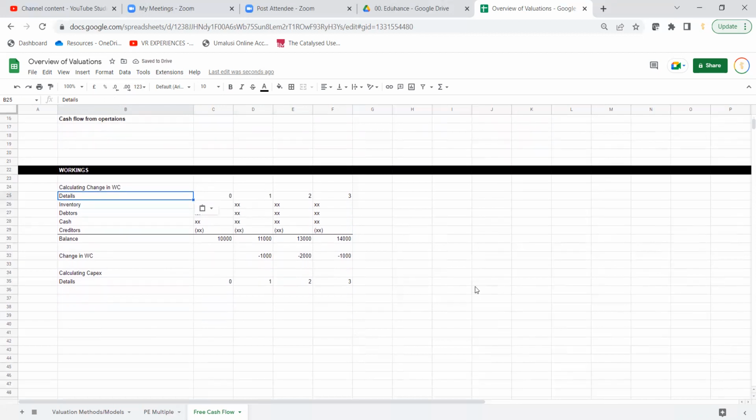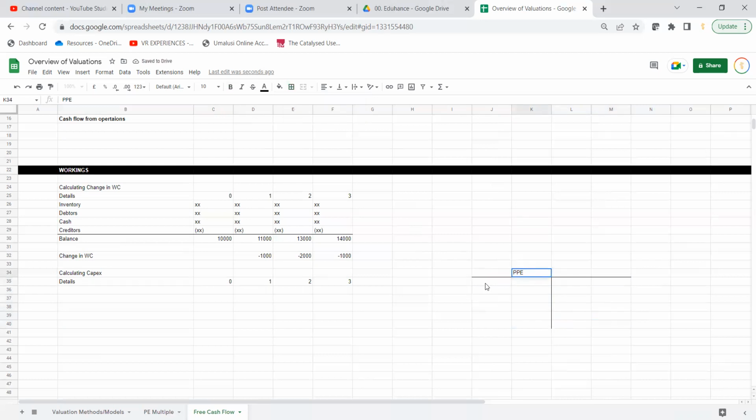All we have to do is use a T account. This is basically a PPE account.